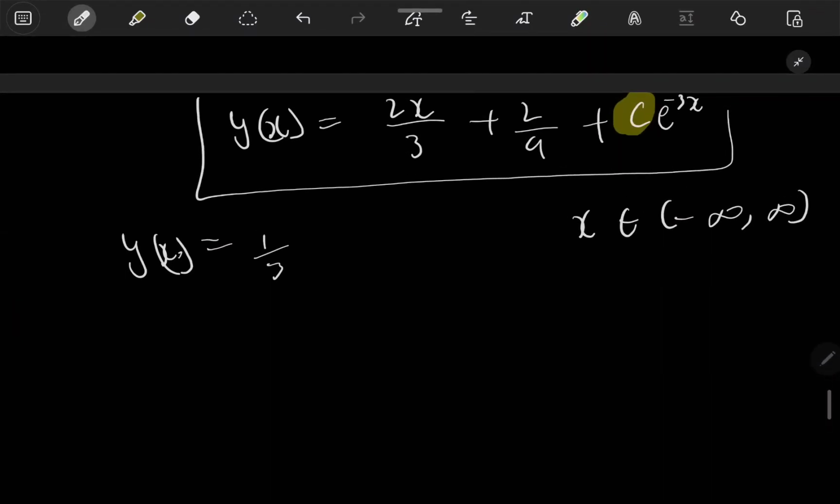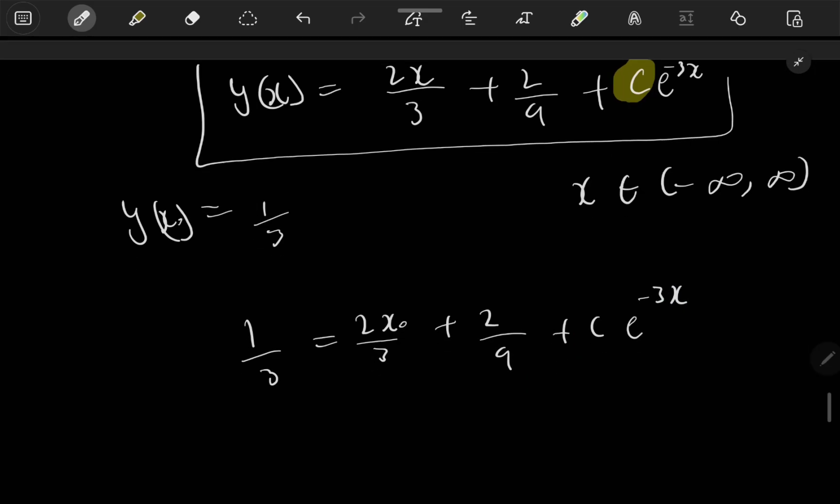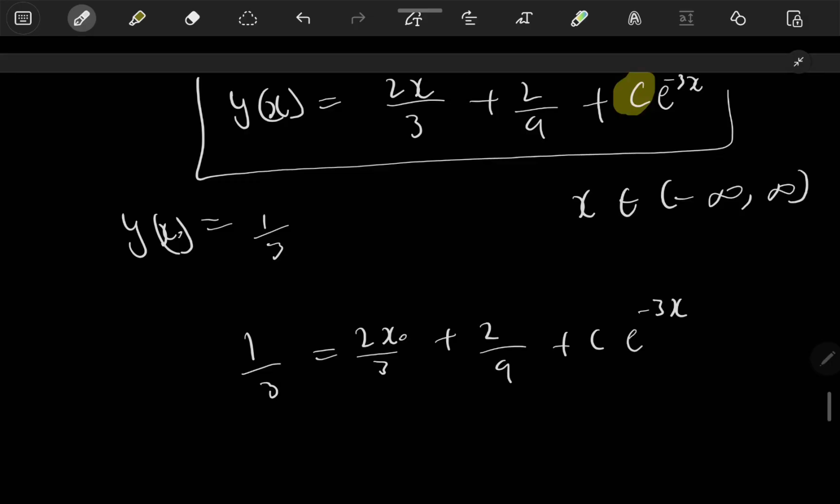Then if I sub that here, I'll have 1 over 3 equals 2x naught over 3 plus 2 over 9, plus c e to the negative 3x naught. Now we can write c in terms of x naught. We are trying to solve for c. Then our c is going to equal 5 over 9 minus 2x naught over 3, times e to the 3x naught.